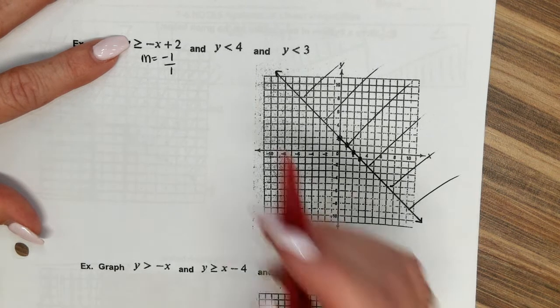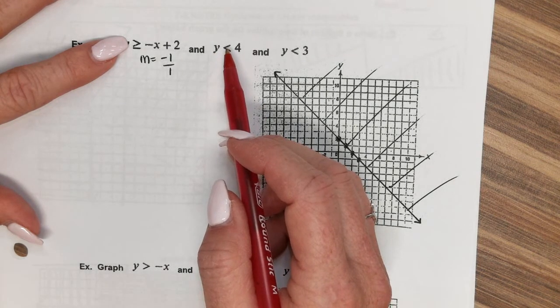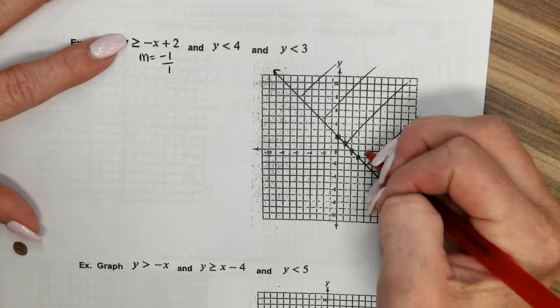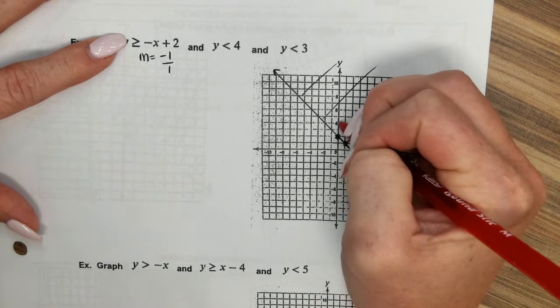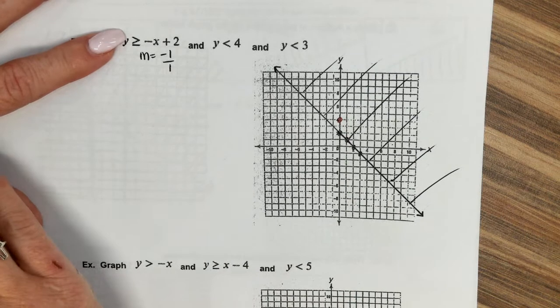Okay, this one. y is less than 4. What kind of line is that? It's going to be a line that crosses through the y-axis at, so everybody go to 4. That's the x-axis, I'm sorry. Go to the y-axis.